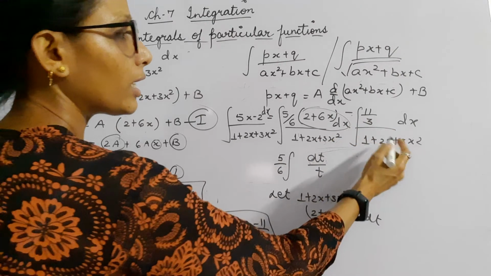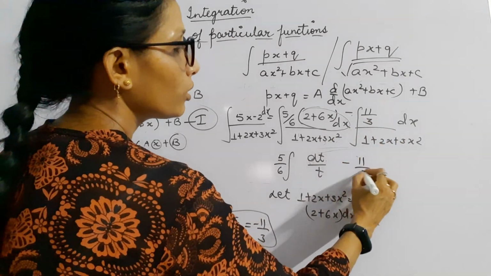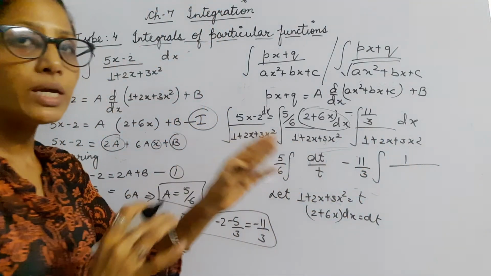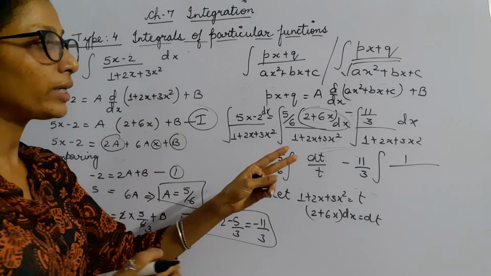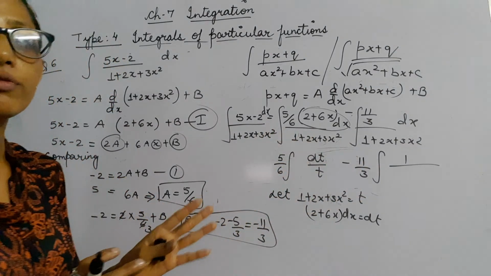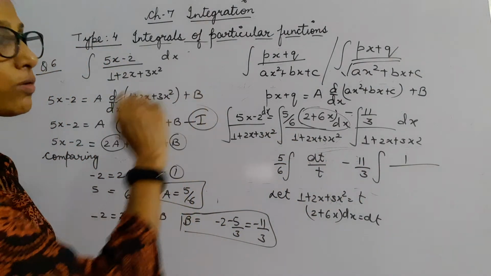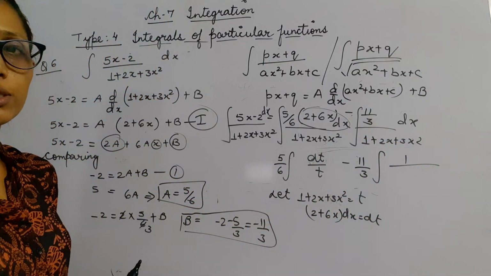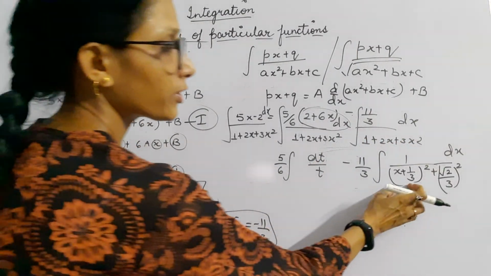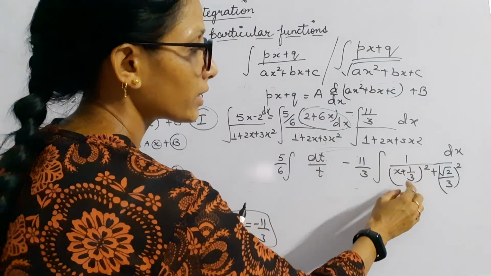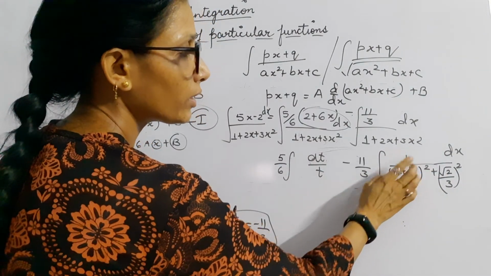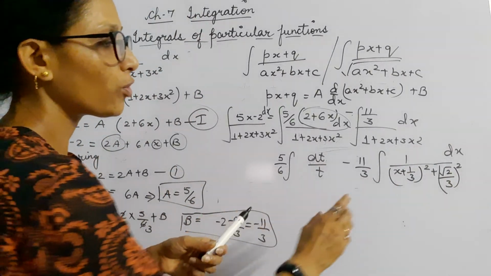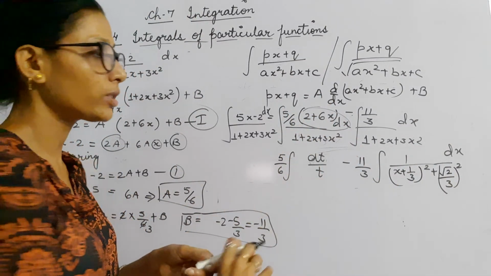And for this again you have to do the perfect square terms. You will make it two perfect square terms, and then apply the formula of particular functions. So let's see the perfect square of this. This is your perfect square term, and now it has converted into integration of 1 upon x square plus a square, and you know it is of the form 1 by a tan inverse x by a.